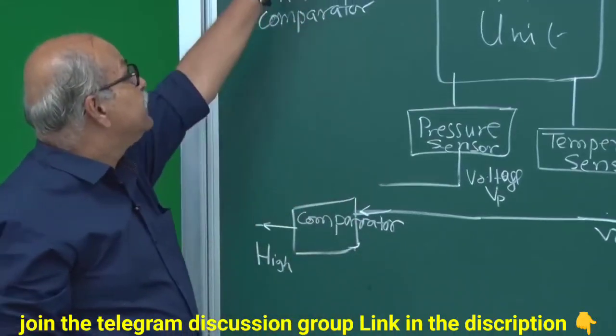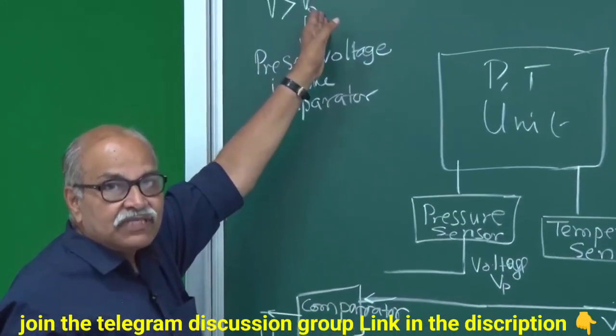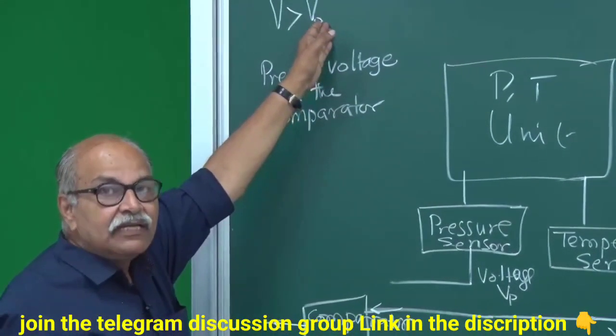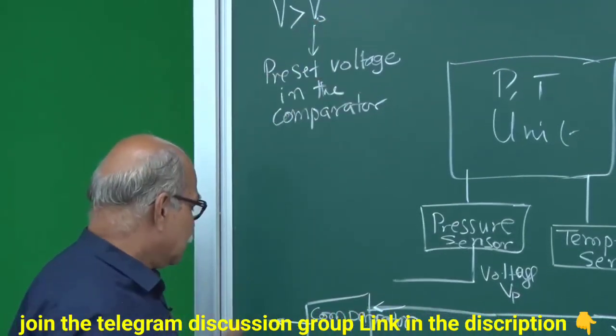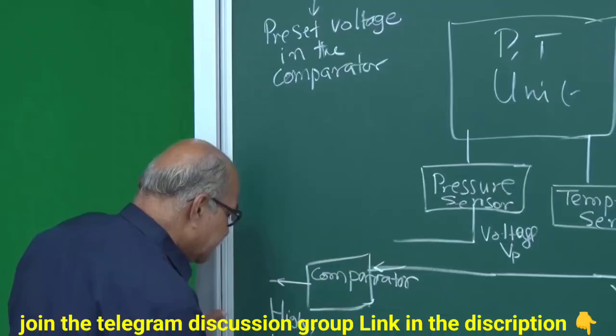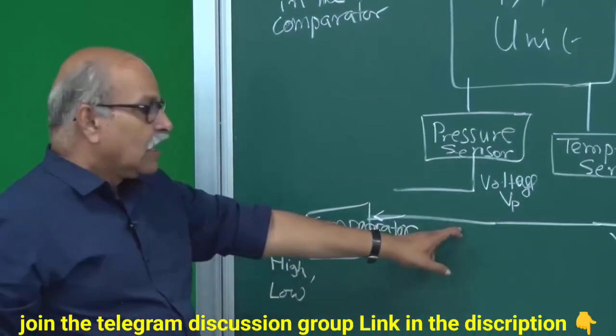And if this V is less than V naught, then it will give me a low voltage, a 0 voltage or some 0.1, 0.2 volts. So, that is low. It can give me high or low, depending on how much this voltage is.